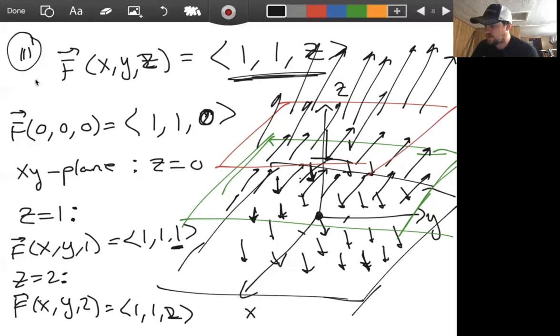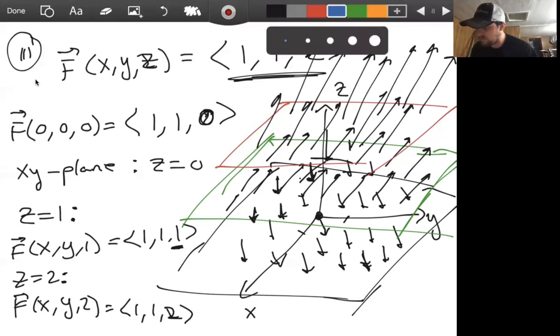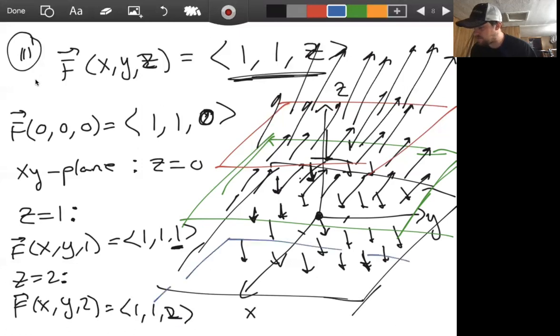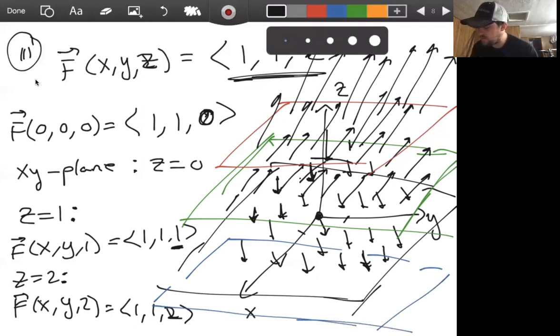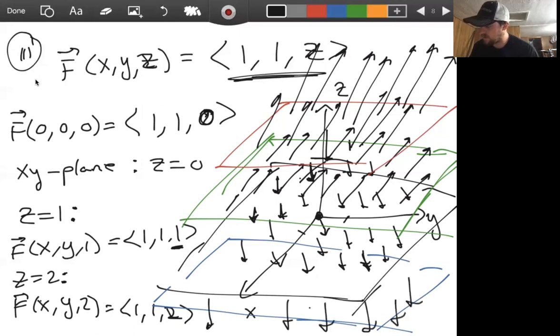And so you can get an idea here of, the higher your z value goes, the more these vectors, they're not going to change how far out they go in the x and y directions, but it is going to change how far up they're pointing, right? And then when you go to negative z values, it'll be how far down they're pointing. So if you were to look all the way down at like z equals -1, see if I can draw it, imagine that being 1 unit under, right? Well, then it would be 1, 1, -1. And so they'd all be going down 1 unit.